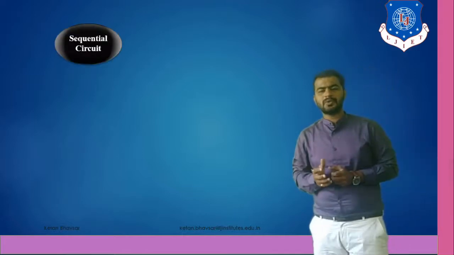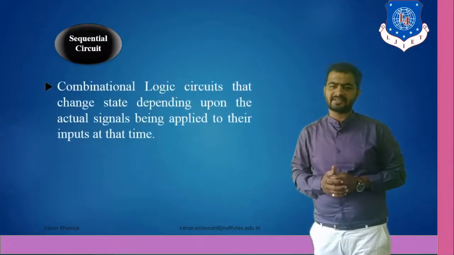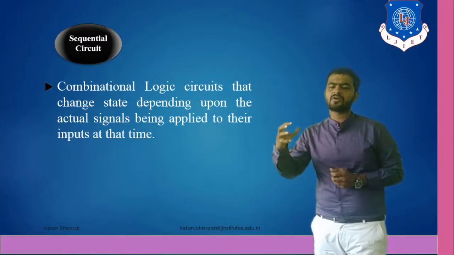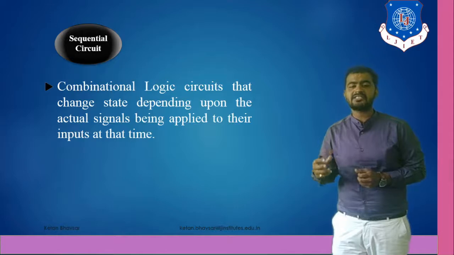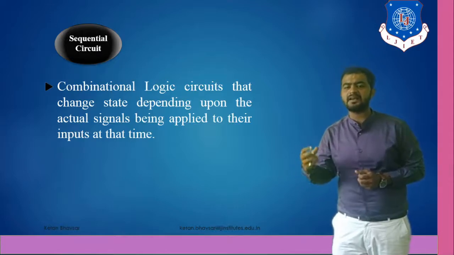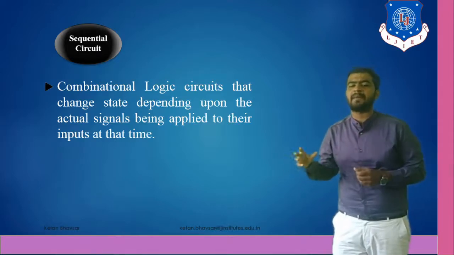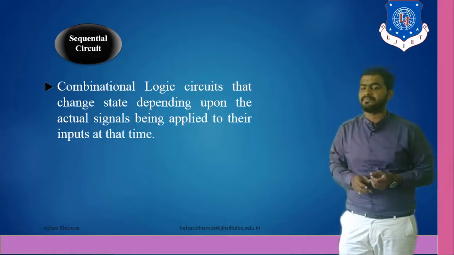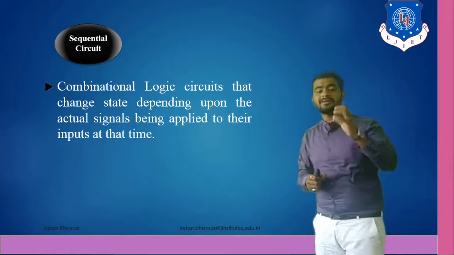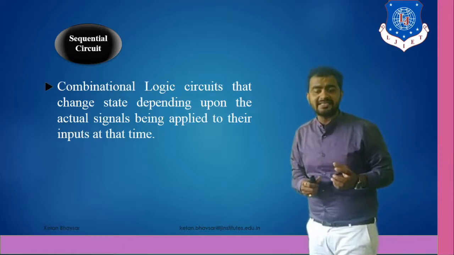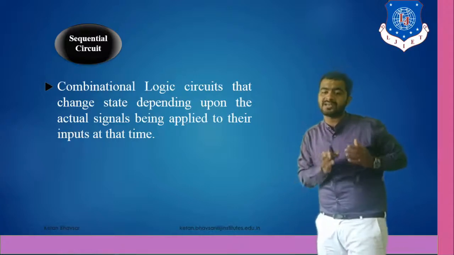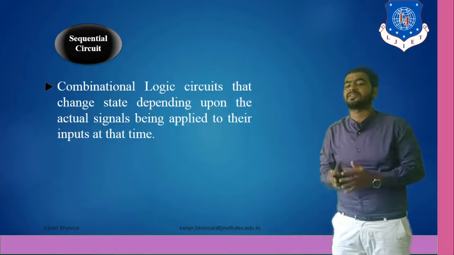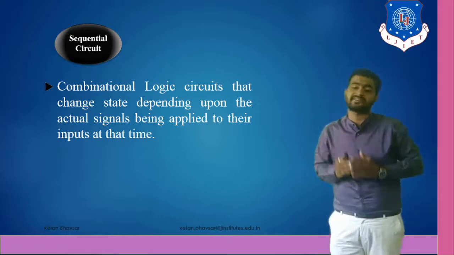Now, what is the sequential circuit? Before that, we work on the combinational circuit. In a combinational logic circuit, the change of state depends upon the actual signal being applied to the input at that time. So the output of the combinational circuit depends on the current signal status of the circuit.